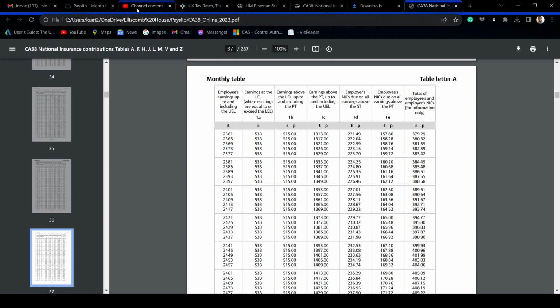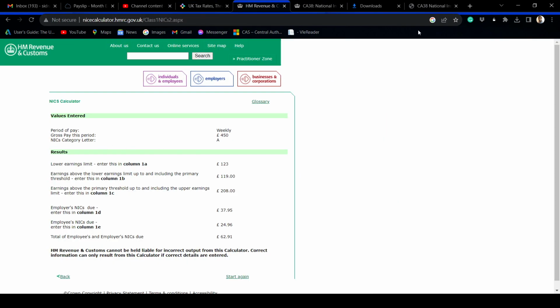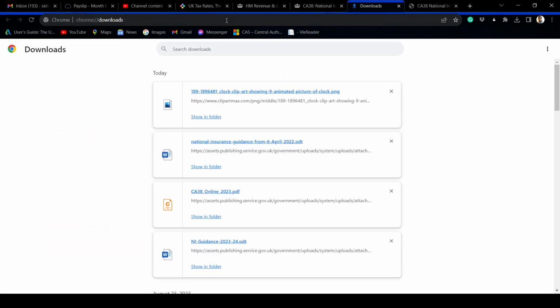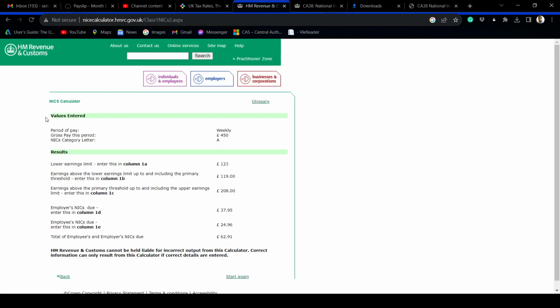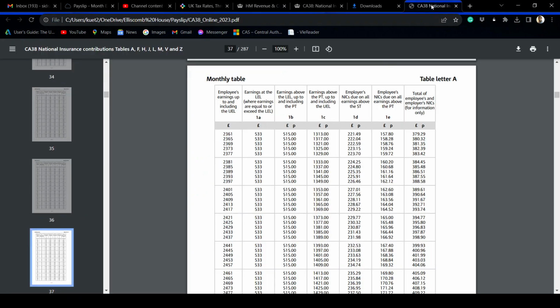You can download this table, or you can also use this calculator which government HMRC has provided to check if your payslip is right or wrong. If your employer has made some mistakes, you can instantly check it. Let me just show another thing.